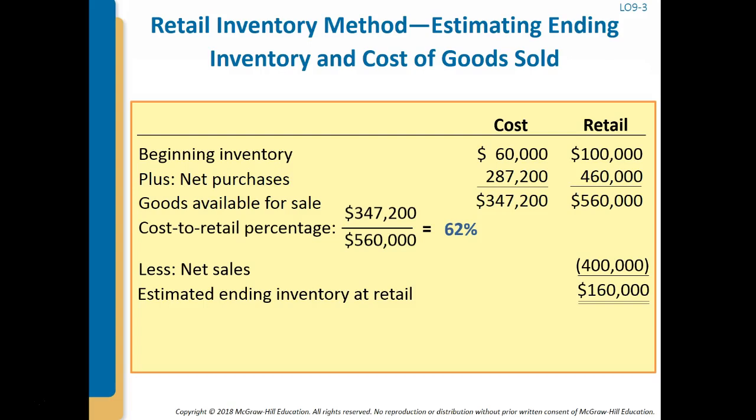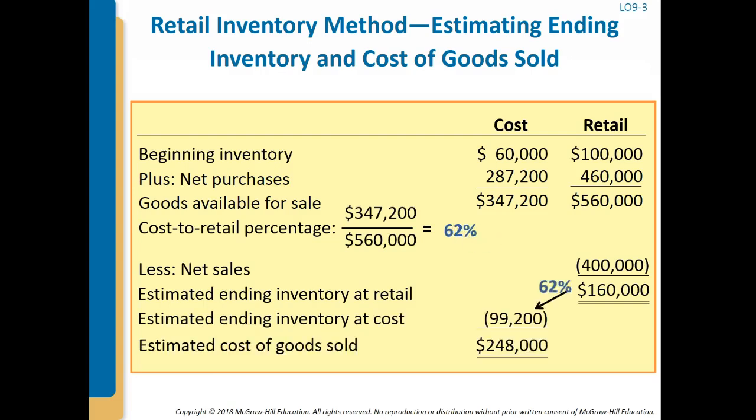Ending inventory at retail is multiplied by the cost to retail percentage of 62%, which is found by dividing goods available for sale at cost by goods available for sale at current selling price. This multiplication leads to an estimate of ending inventory of $99,200. This amount is subtracted from the cost of goods available for sale to estimate cost of goods sold of $248,000.